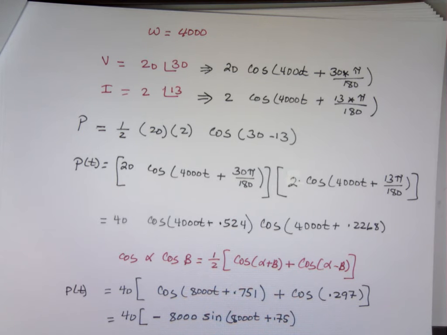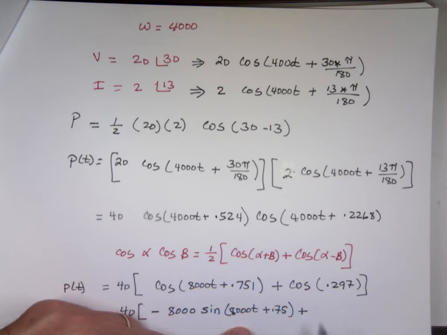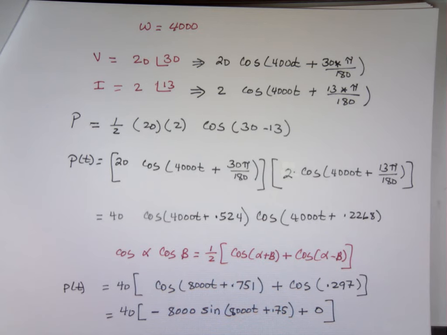Plus, what's the derivative of any constant? Isn't that a 0? Cosine of 0.297 is just a number, so the derivative of that is 0. Set that equal to 0. That's the derivative.